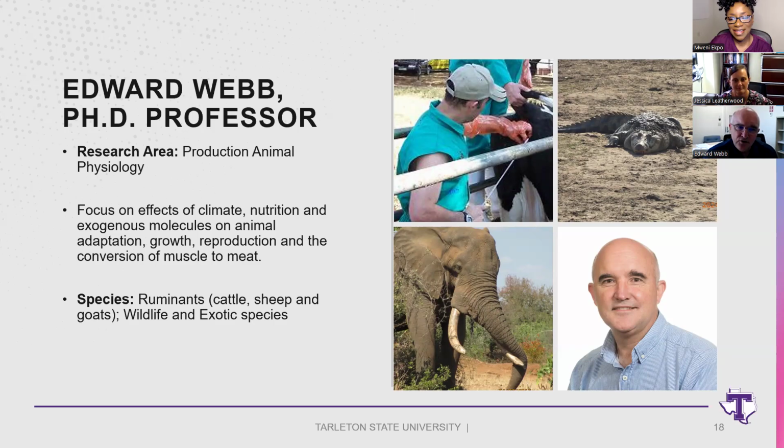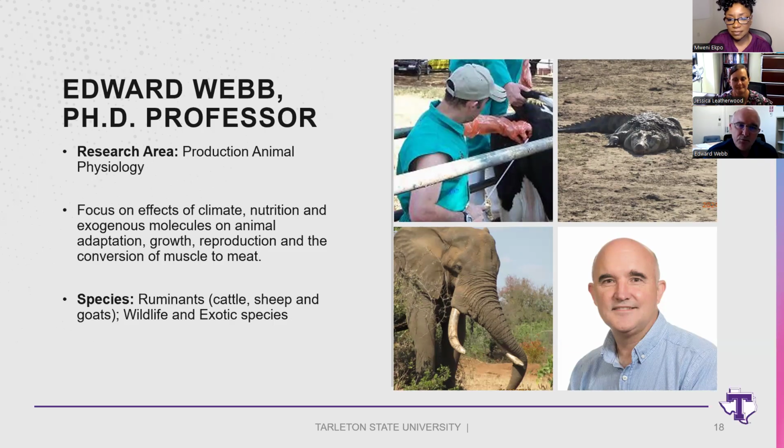My focus is on climate, nutrition, exogenous molecules like the steroidal implants and beta-adrenergic agonists, and then the effects on animal adaptation, growth, reproduction, and then the conversion of muscle to meat, linking specifically to the effects of stress, environmentally induced stress, and also management stress due to different types of production systems.